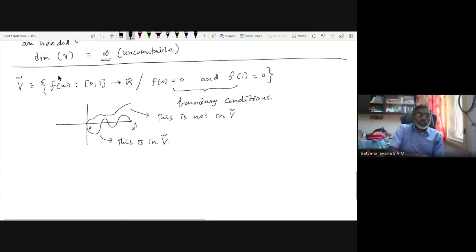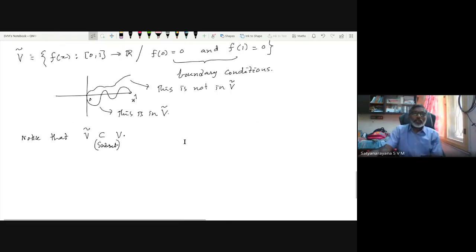But notice that V tilde is a subset of V. Whether V tilde also forms a vector space is something we can verify, and you can show that V tilde also forms a vector space. So V tilde is a vector space.